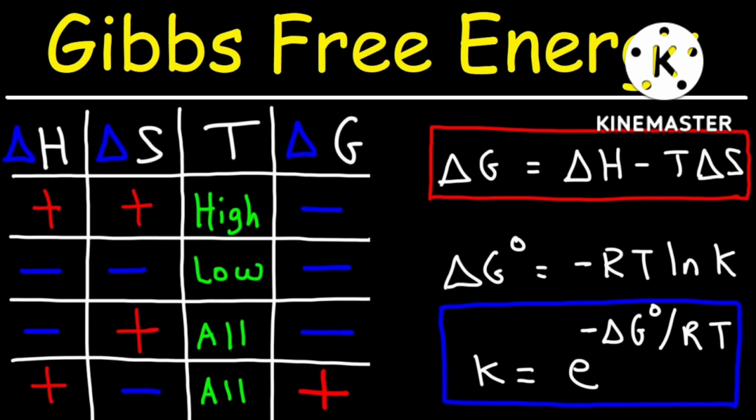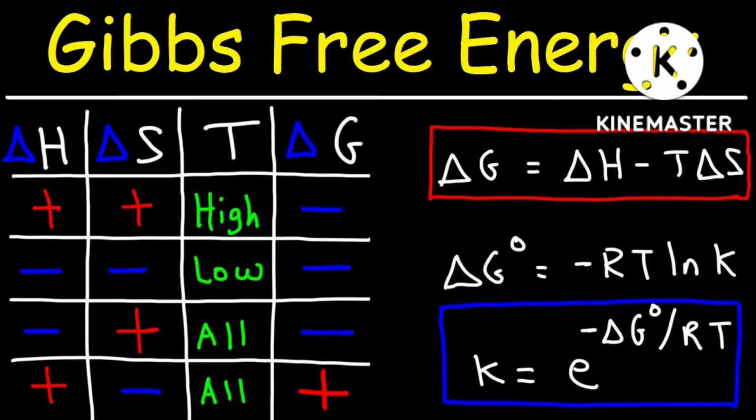Same way for NO2, 1 mole is there, meaning 2 into 0.5, because it is 2 NO2, but only 50% converted.